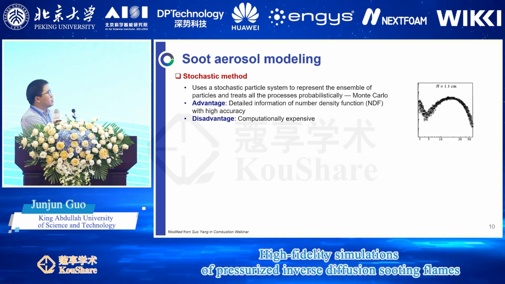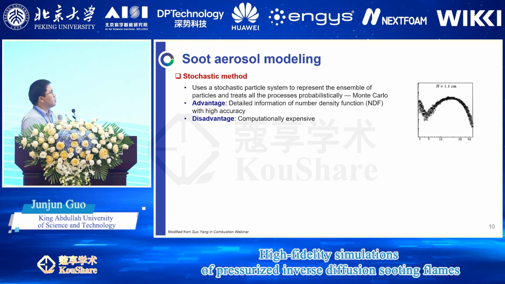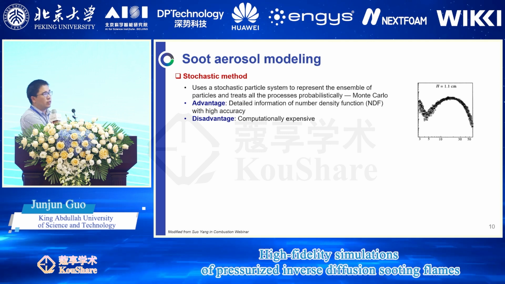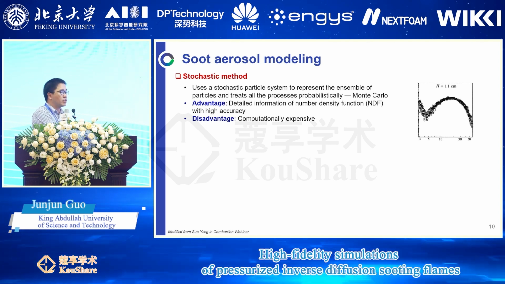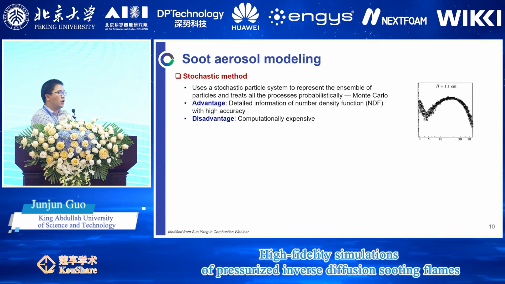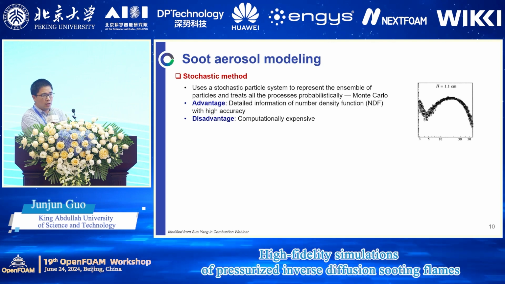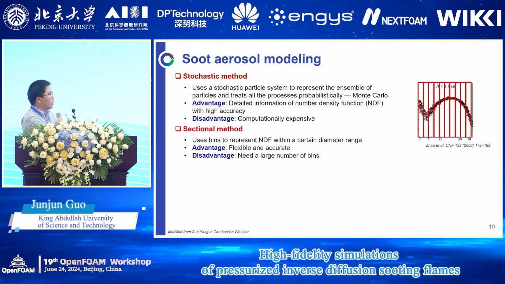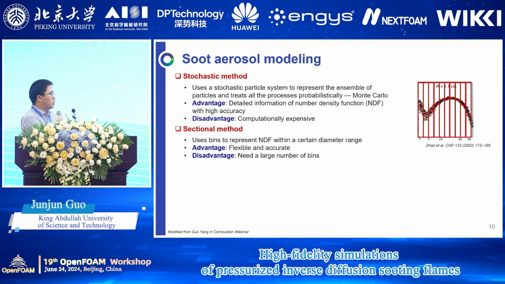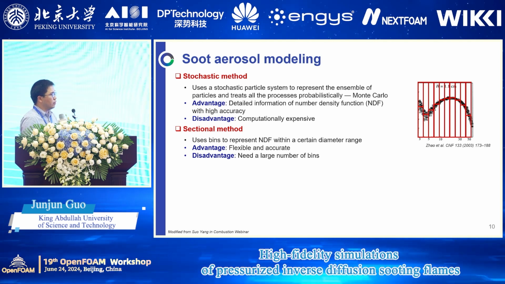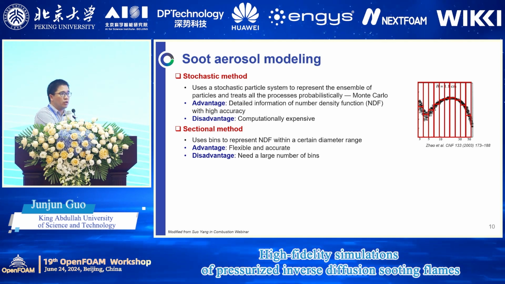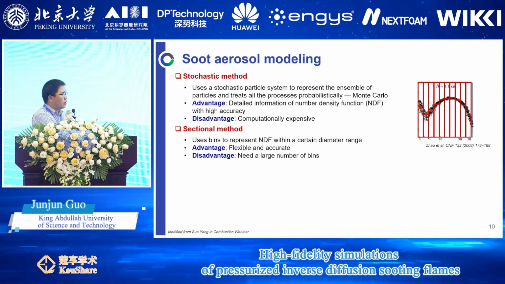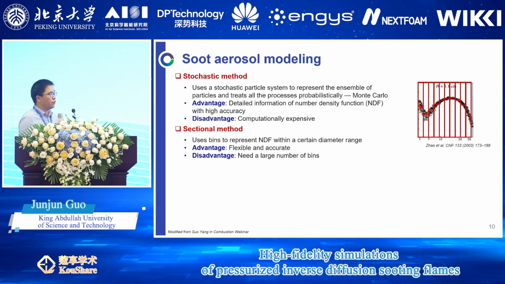For soot dynamics models, the stochastic model can provide a very accurate result, but it's very computationally expensive. It's very hard to use in CFD, especially for turbulent flames. Secondly, you can have the sectional method, a trade-off of the computational resources and the accuracy, but it's still expensive for CFD.